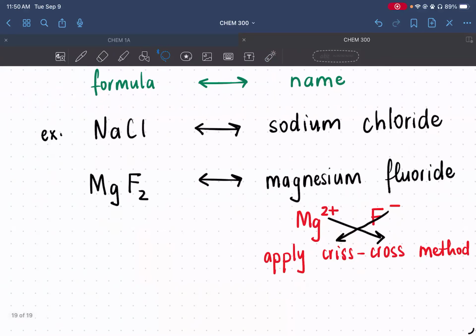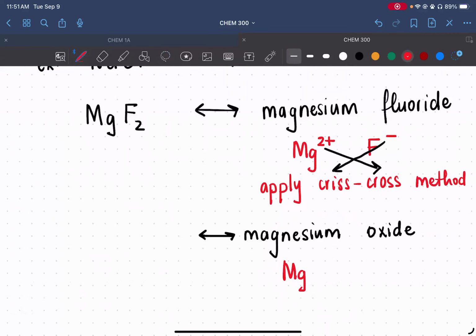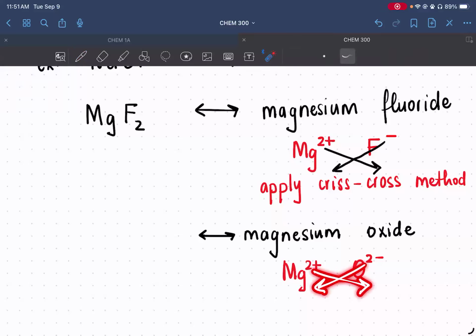magnesium oxide. Again, magnesium, group 2, it's 2 plus. Oxide comes from oxygen. So oxygen. Oxygen is in group 16. Group 16 has a -2 charge overall. We crisscross, we bring those numbers down.